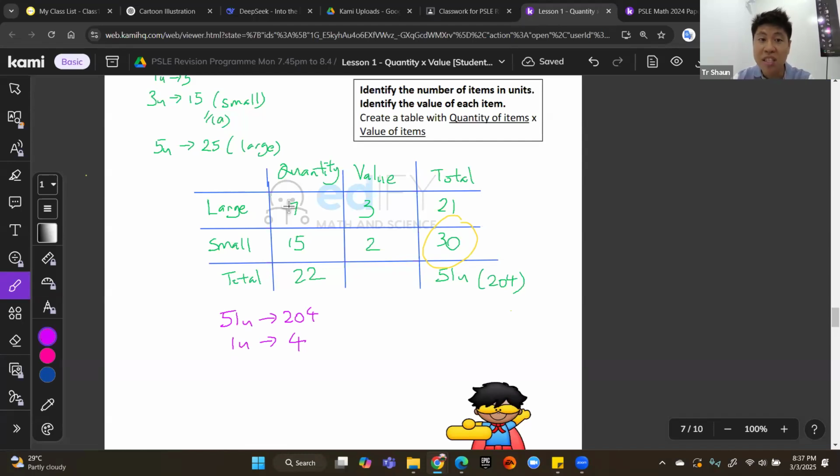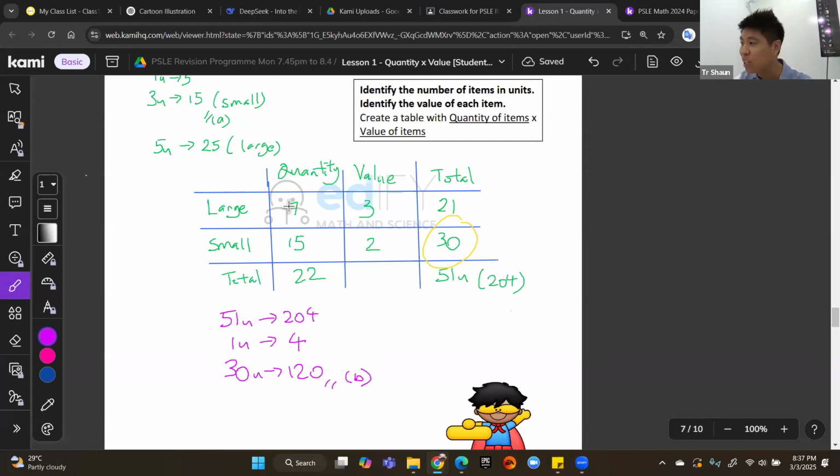Why not 15 units? 15 units is just the 15 cakes. Cakes plus the value of the cherries will give me 30 units. So I want to find 30 units. 30 times 4 is 120. This is the answer for B. So that is 1 mark.